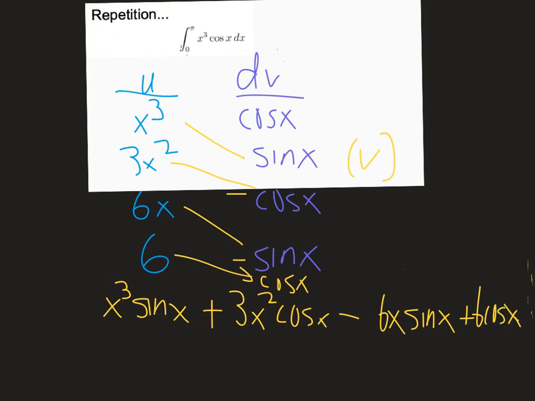Oh, and that one's got to be minus, sorry, not a plus, because it was uv minus the integral minus the integral minus the integral. Now there was an extra negative hanging out there, so we had to be careful there. But that should be the same answer as before, and we can plug the numbers in to verify.